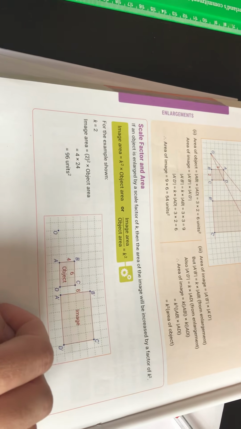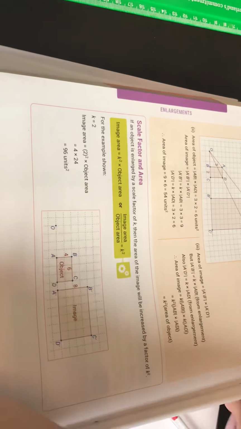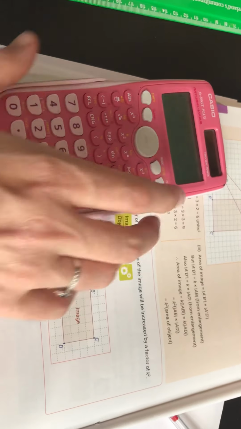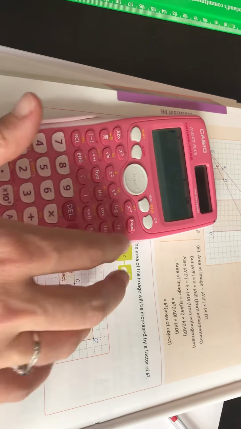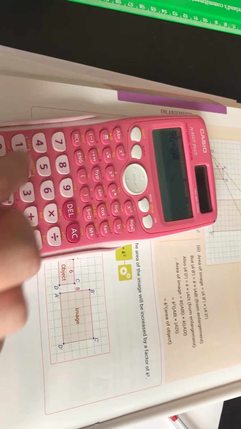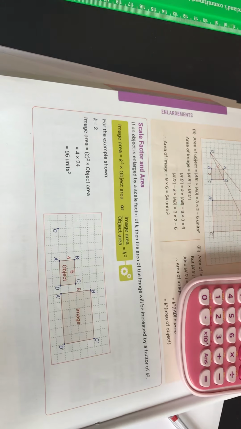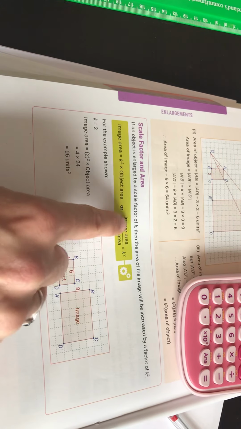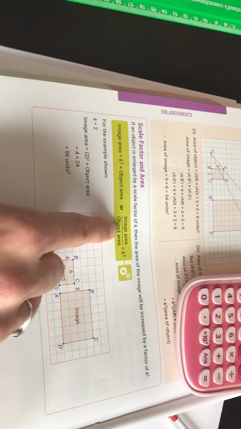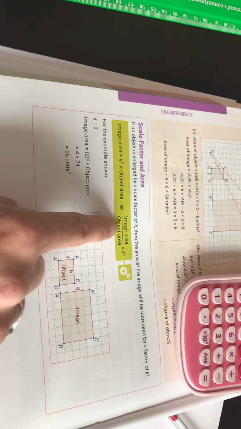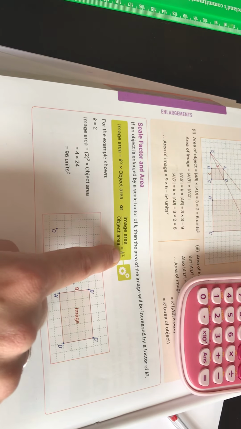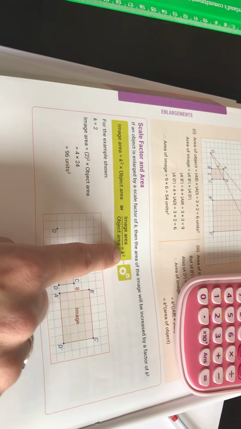So 8 times 12 is 96. And then 96 over 24 is 4. So the 96 over the 24 gives me 4, which is my K squared, which means that K is 2.